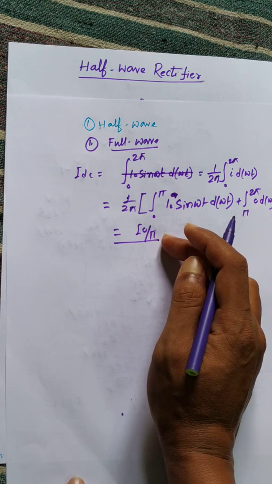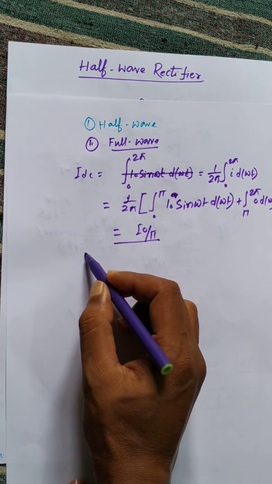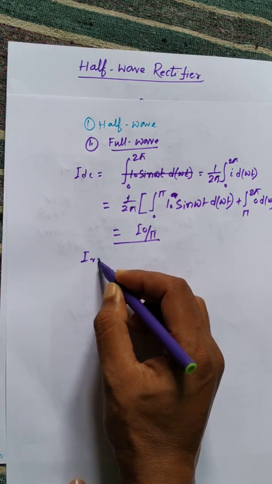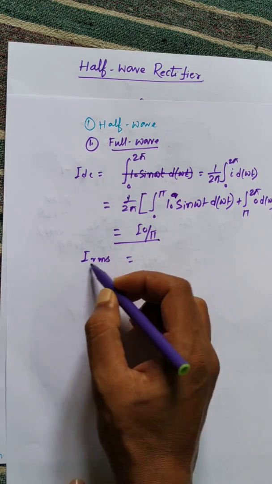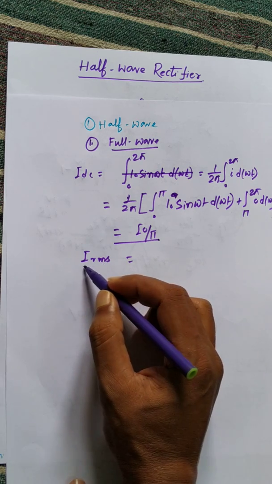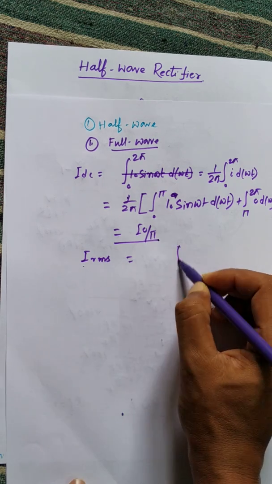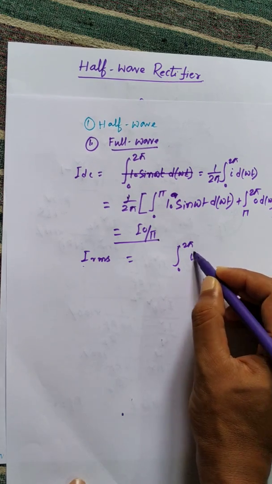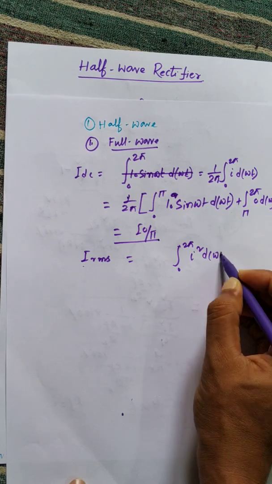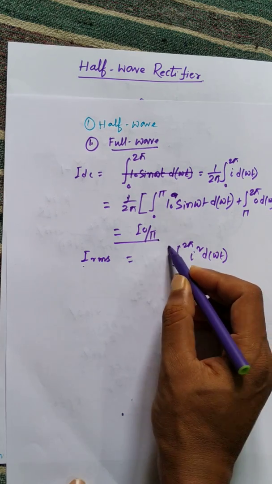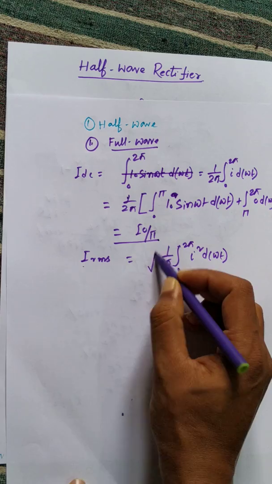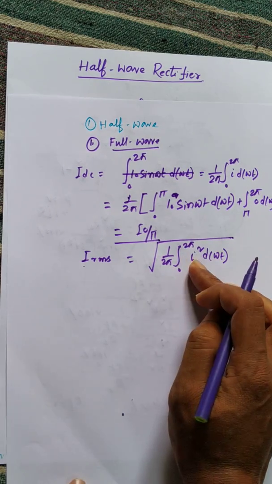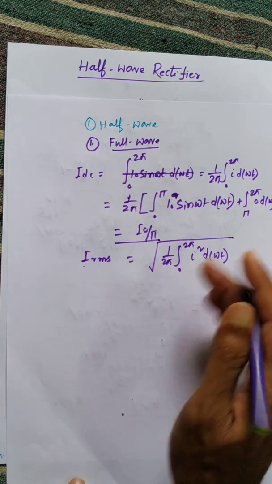Now what will be the RMS value of the AC current flowing in the rectifier circuit? IRMS is equal to, RMS means root mean square: the total value of the square over the 0 to 2 pi range, I square d omega t, then the average, and then the root.